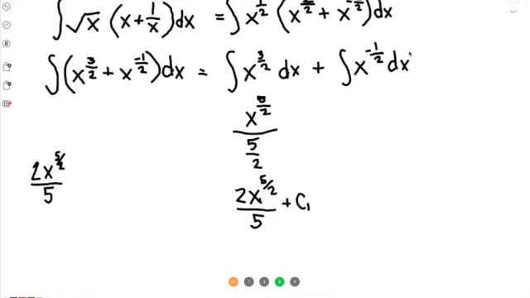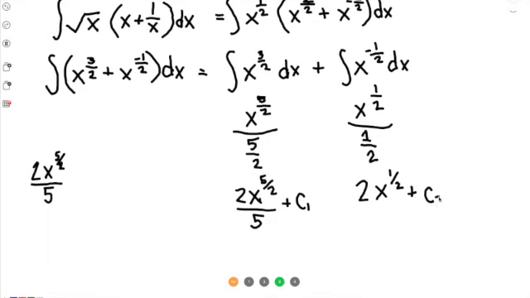We have x to the negative 1 half increased by 1, or 2 over 2, that would be negative 1 plus 2, that would be positive 1 over 2, divided by 1 over 2. Or simply put, that would just be 2x to the 1 half plus c sub 2.